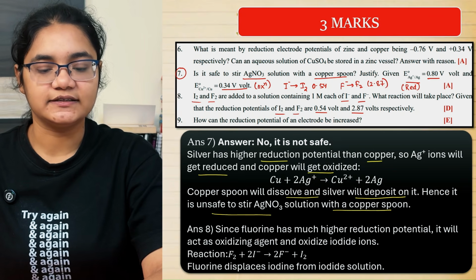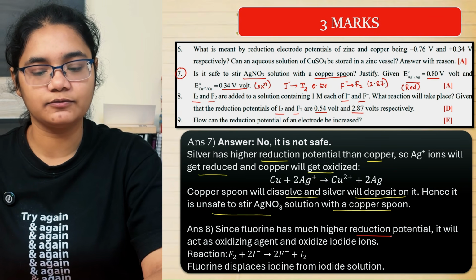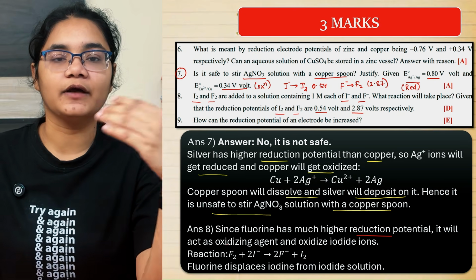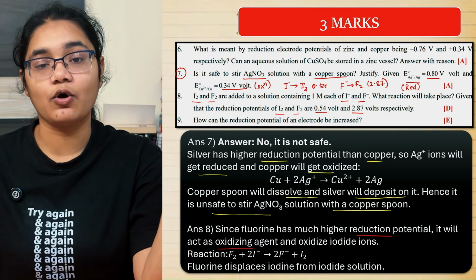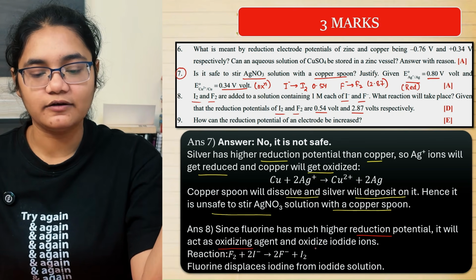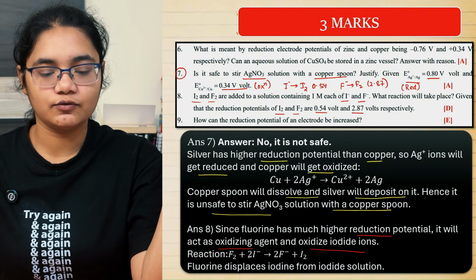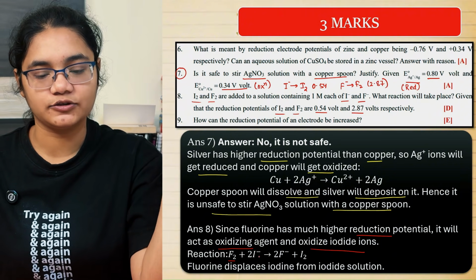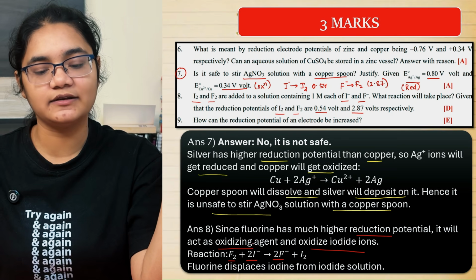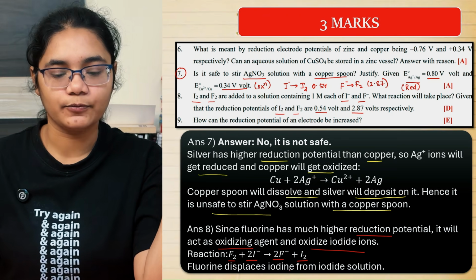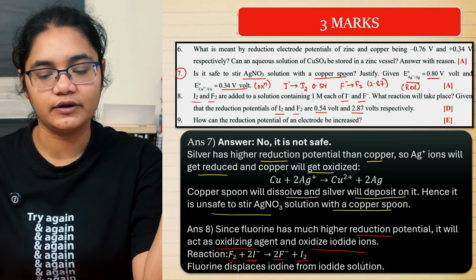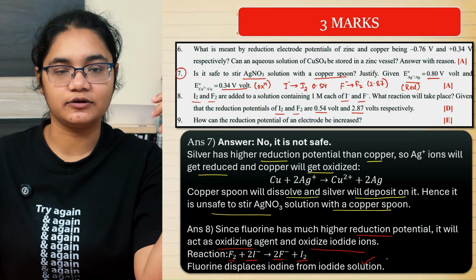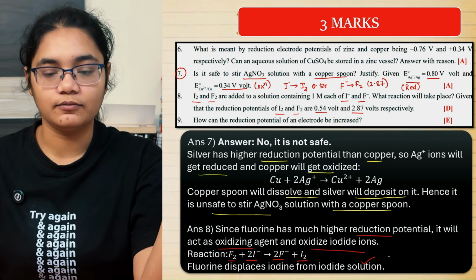Okay, now see, since fluorine has a higher reduction potential, it will undergo reduction, and it will act as an oxidizing agent. Okay, and it will oxidize the iodide ions. So what will happen? F2 will undergo reduction to F minus, whereas I minus will get oxidized to I2. Okay, fluorine displaces the iodine from the iodide solution because it has higher reduction potential.